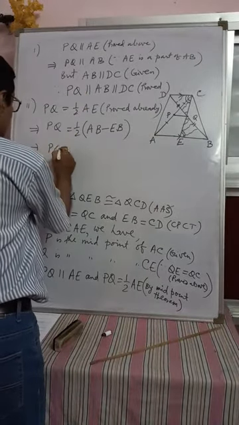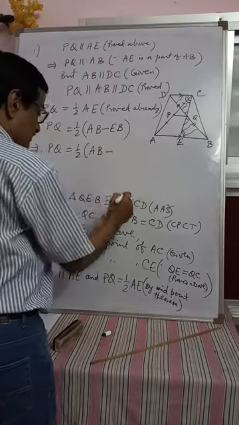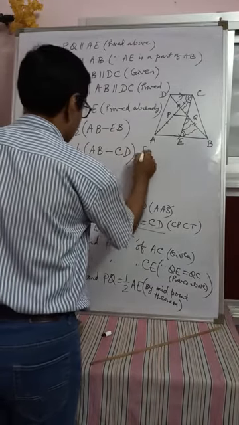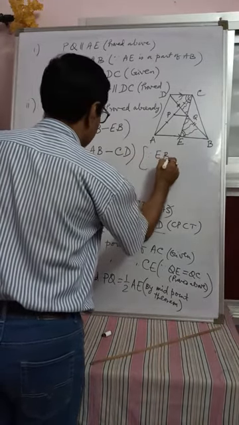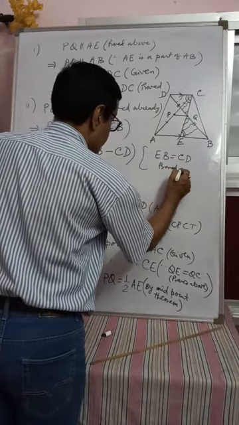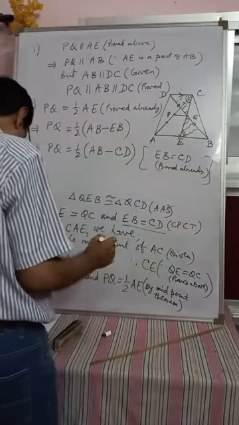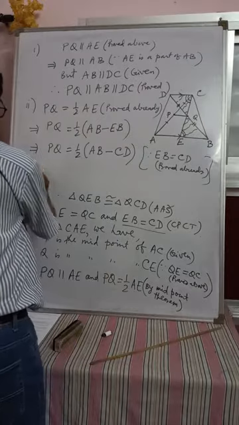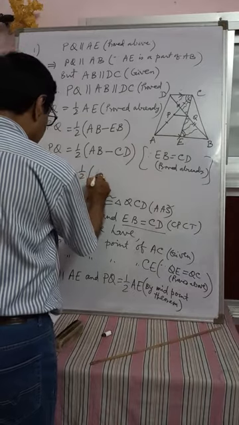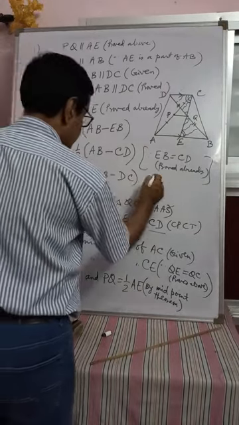Now in place of EB, we can write CD, because already we have proved EB is equal to CD. So we can say finally, according to the RTP statement, PQ is equal to half of (AB minus DC), and that is proved.